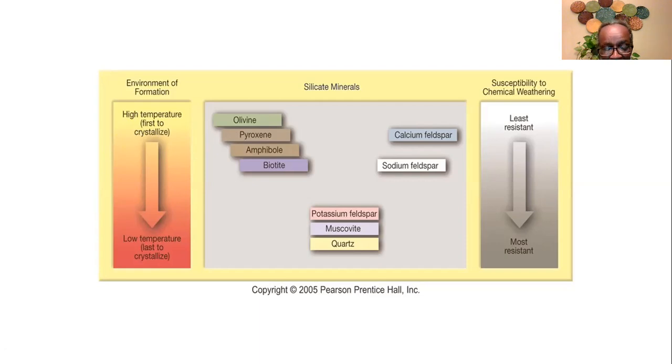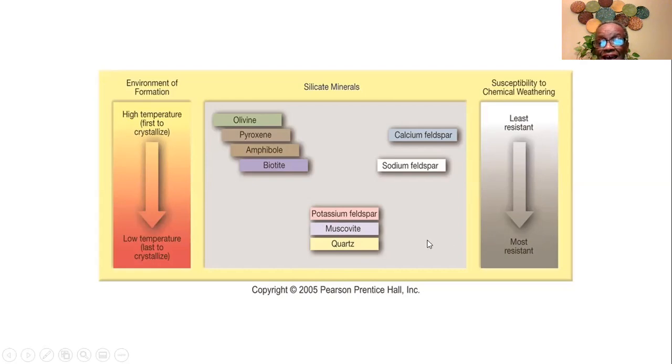So getting back to the minerals, if olivine crystallizes at high temperatures, that's far below the surface of the earth. If those minerals are in rocks that are on the surface of the earth, they're going to be the least resistant to weather, so they'll weather easily. You may have forgotten, but if you look back at Bowen's reaction series, you're going to see that the rocks over here that have these minerals would be basalt, as an example. And then as we get down here, the rock that would have potassium feldspar, muscovite, mica, and quartz would be granite.